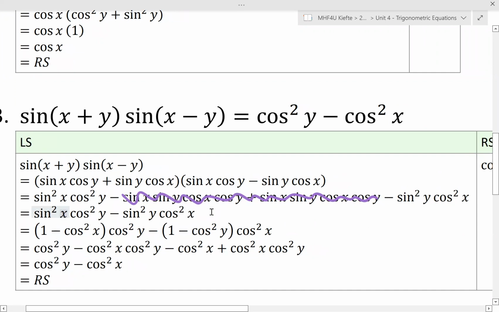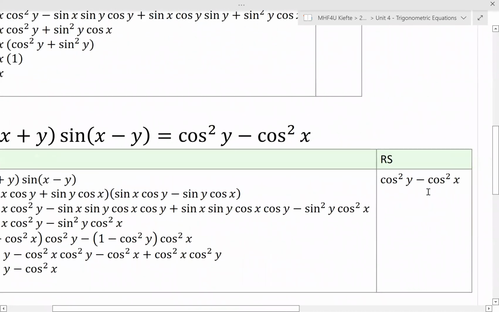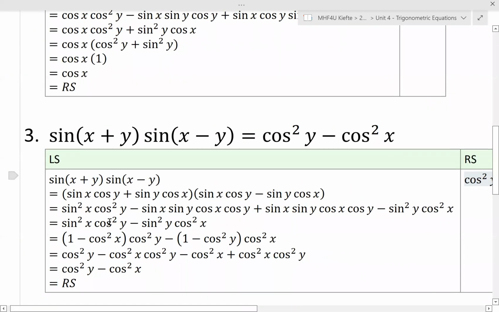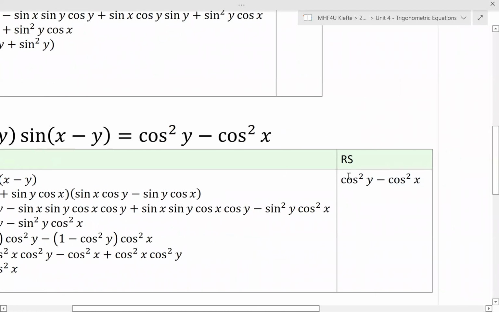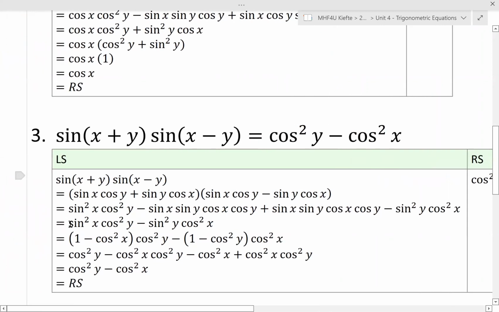Now at this point, we can see that we don't have a common factor or anything, but this is where I'm going to use the right-hand side to help me. So the right-hand side, if you're ever stuck and you're not sure what to do next, refer to the right-hand side or the other side, because here we only have cosines, which tells me that I need to get rid of these two sines.